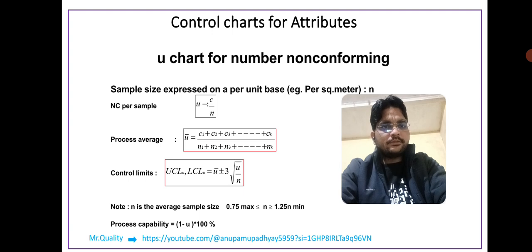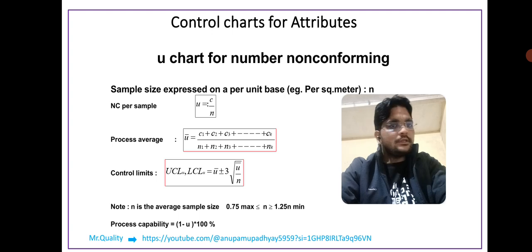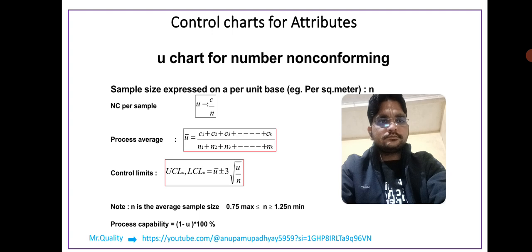N should be greater than or equal to 0.75 of the minimum and less than or equal to 1.25 of the maximum. Process capability formula is 1 minus U bar, into 100%. Thank you so much.